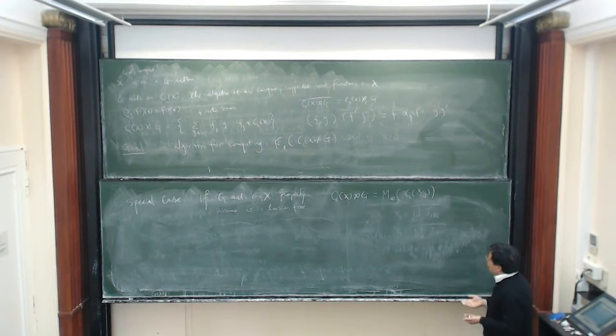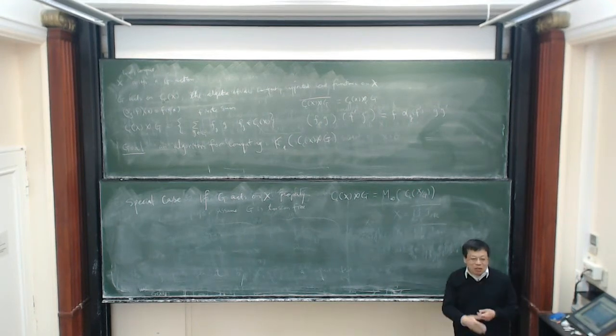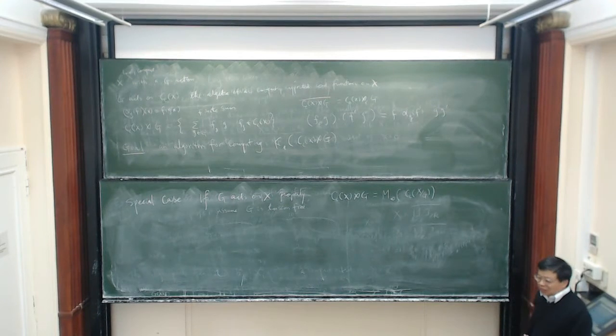So it's Morita equivalent to some classical space. Once we reduce to a space, we know how to compute K-theory. So this is the easiest case.